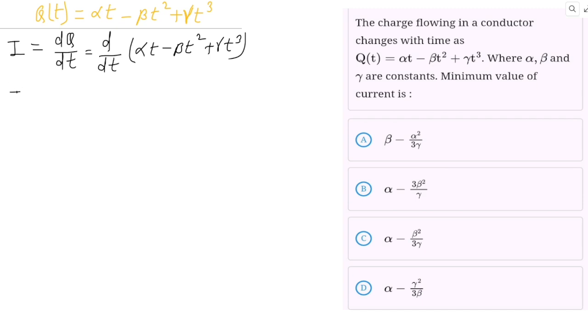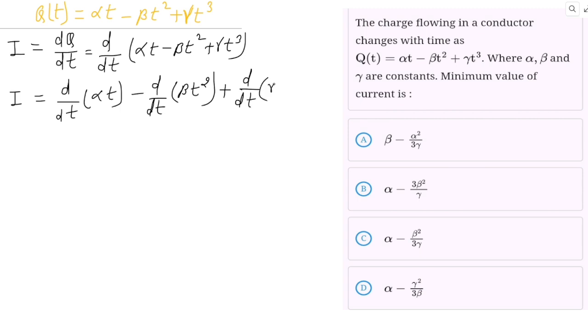So calculating the current, I is equal to, on differentiating, d by dt of the first term, which is alpha t, minus d by dt of the second term, beta t square, plus d by dt of the third term, gamma t cube. Okay.